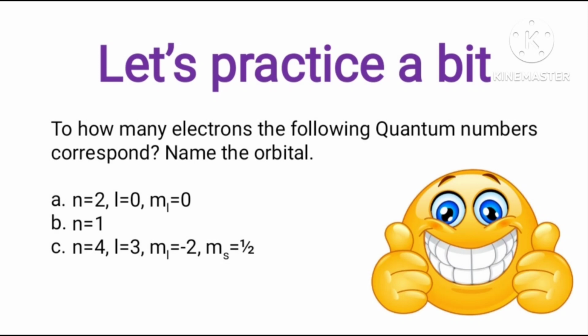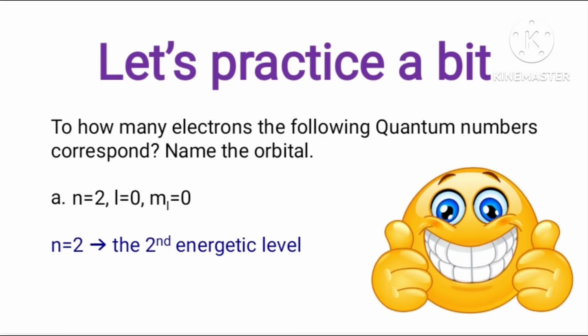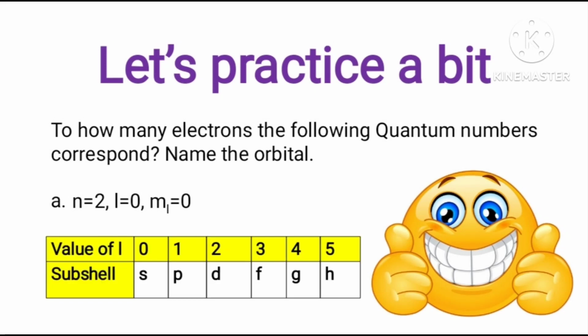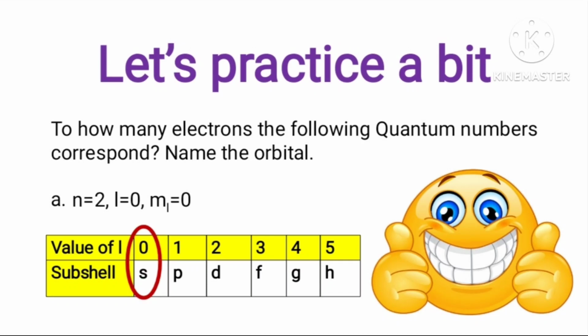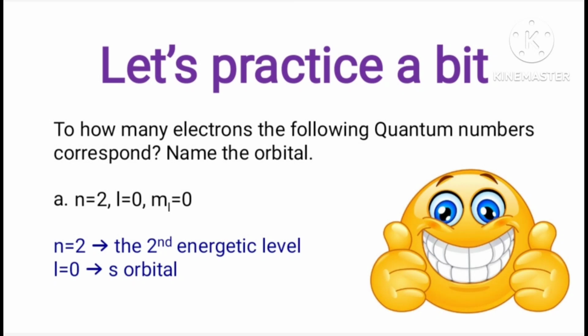Okay, let's start. In the case of A, n is 2, l is 0, ml is 0. If n is 2, it will be the second energy level. l is 0. Again, let's see our table. If l is 0, this is the s subshell. So this will be an s orbital, the orbital of the s subshell.